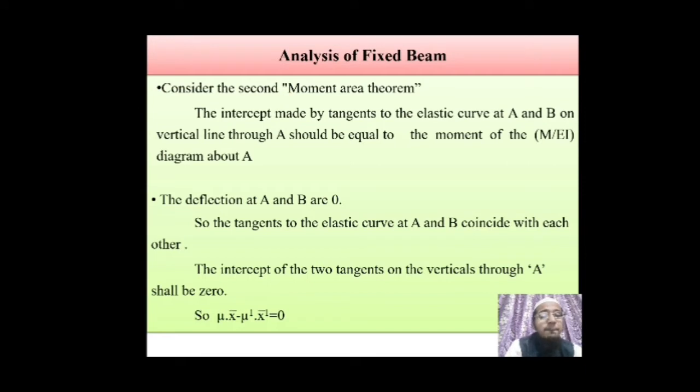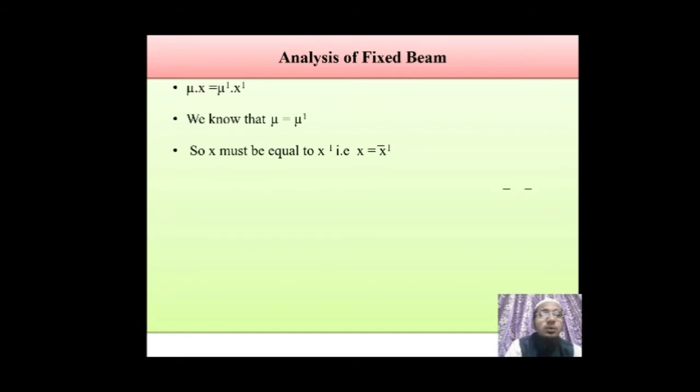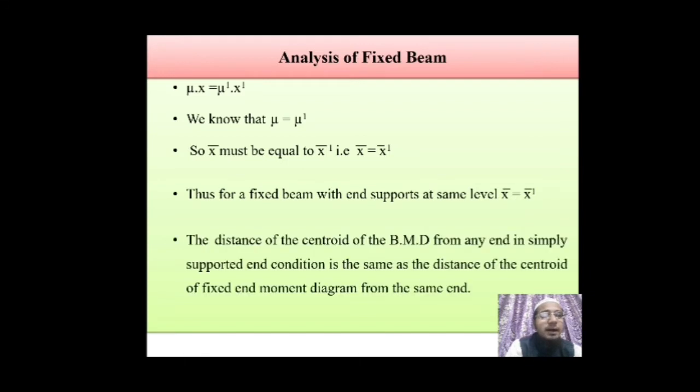So we can say Mu into x bar equals Mu dash into x bar dash. Now, as we have already proved that the area of the Mu diagram equals the area of the Mu dash diagram, or Mu equals Mu dash, the equation becomes x bar equal to x bar dash.